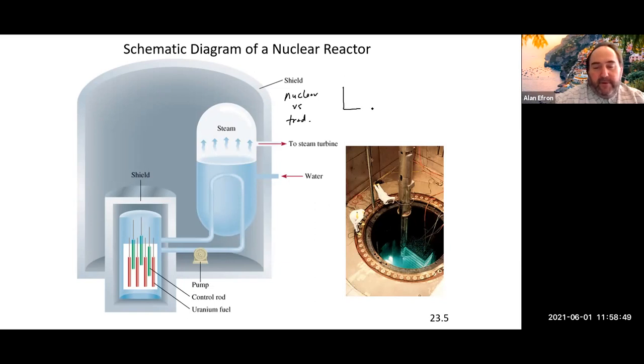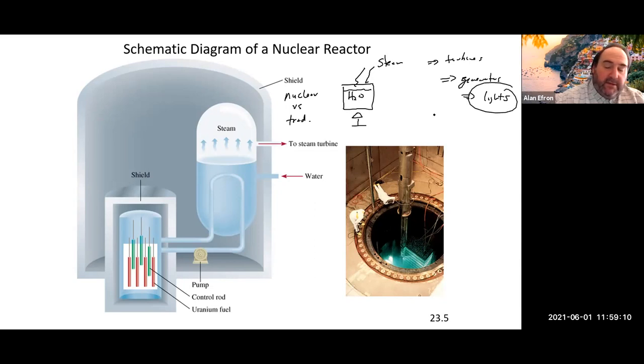They both, for the most part, have water, and you heat the water. When you heat the water, you create steam. Steam goes out to the turbines, to the generators, and you get some lights, right? Which is good. Lights turn on.